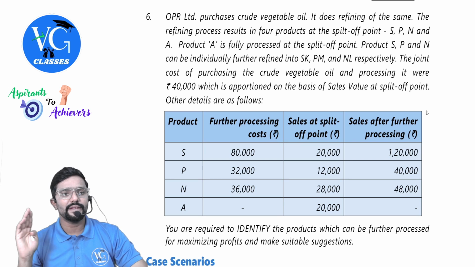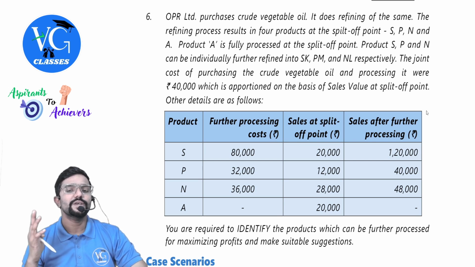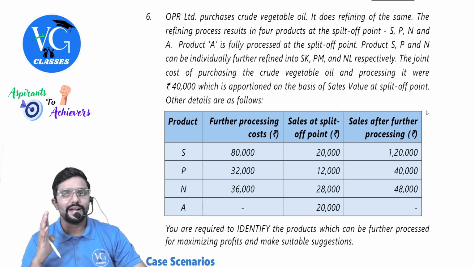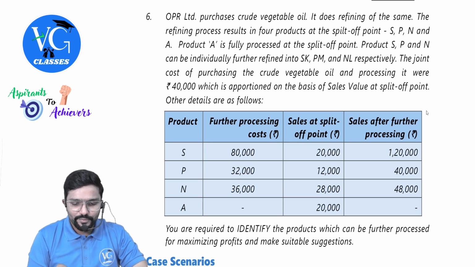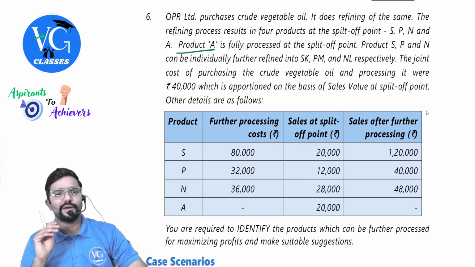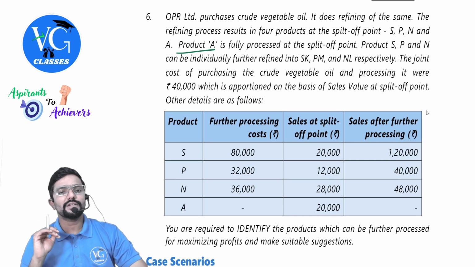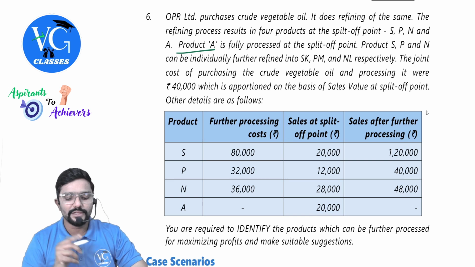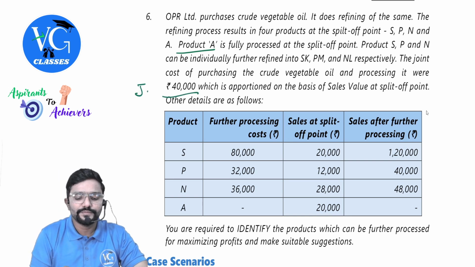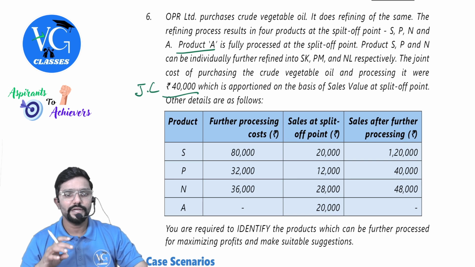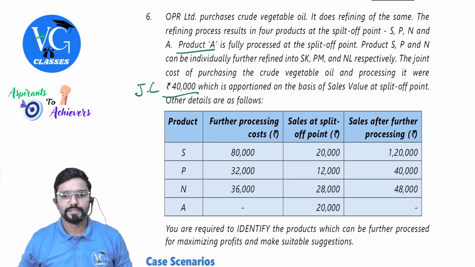Products S, P, and N can be individually further refined to SK, PM, and NL. So product A can only be sold at split off point, whereas the other 3 we have to process. The joint cost of purchasing the crude vegetable oil and processing it was 40,000. Joint cost system.